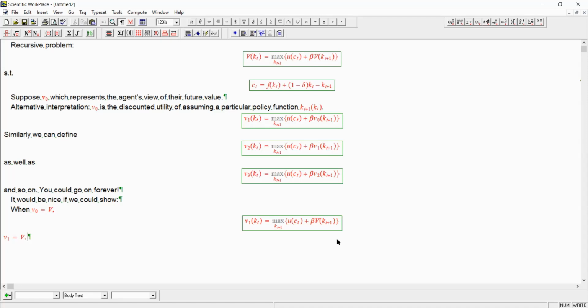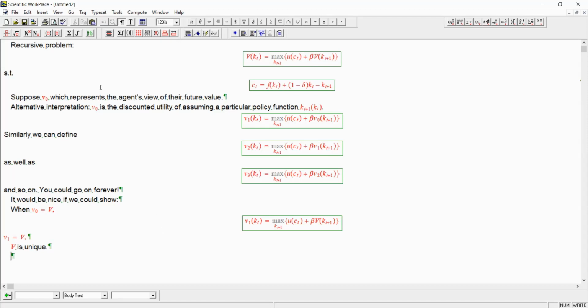Now, wouldn't it be even nicer if we could also show that V is unique? What if there were 2 or 3 or 17 of them? That would make it difficult for us to solve a recursive problem because we wouldn't know which one we're supposed to use.